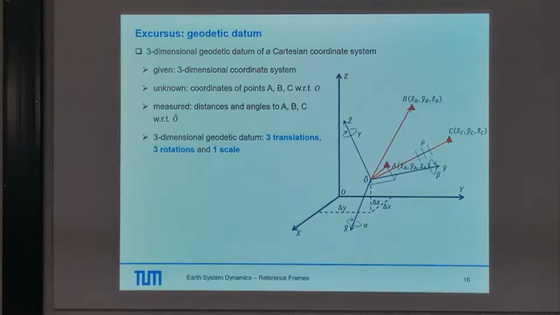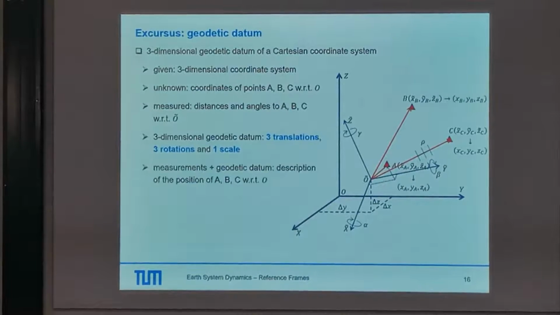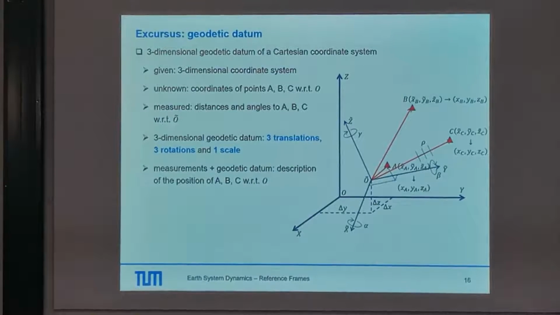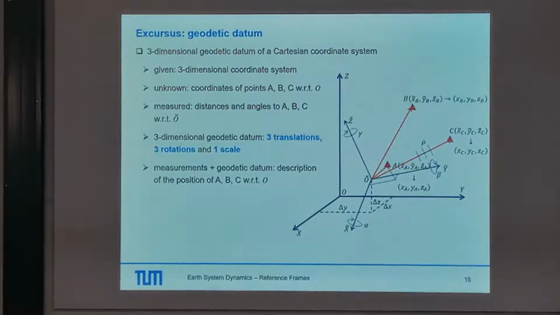So for the 3-dimensional case, we have already 7 datum parameters. And for sure, measurements plus geodetic datum then allow us to get coordinates of the point A with respect to the origin or the reference system. These are the datum definitions which are necessary for the 3-dimensional case.